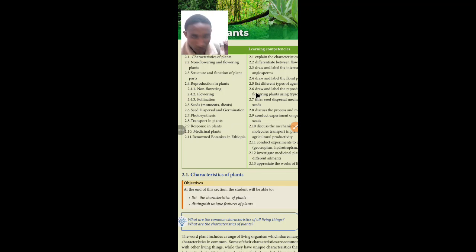So today we will explain each of these subtitles as we can. First we will start with the characteristics of the plants, and we will explain and elaborate those characteristics.